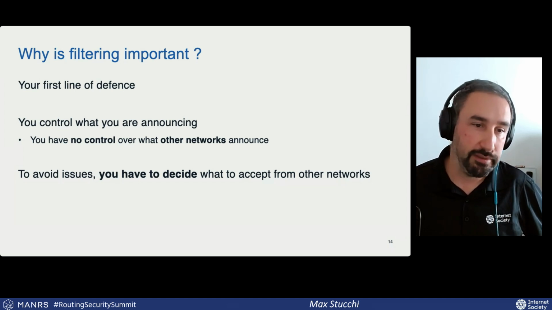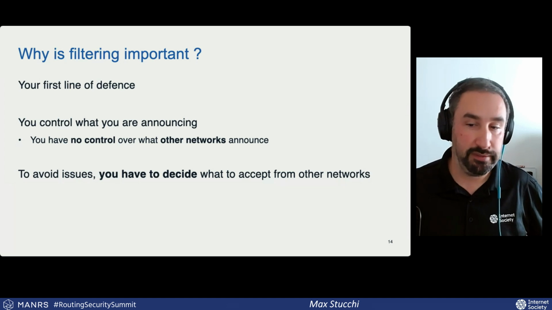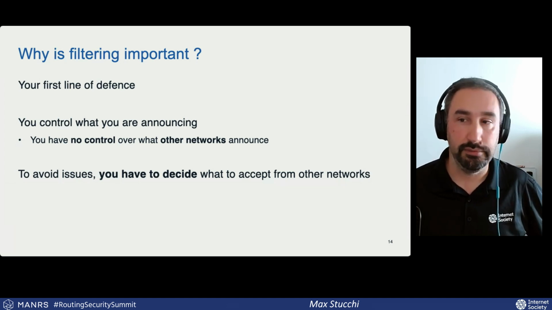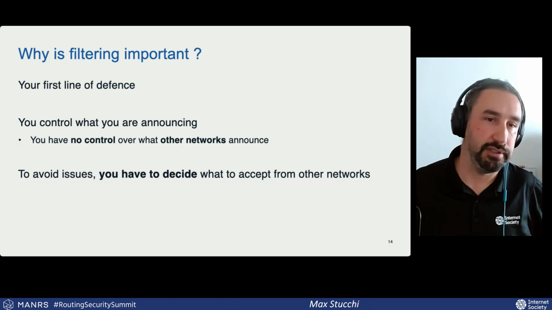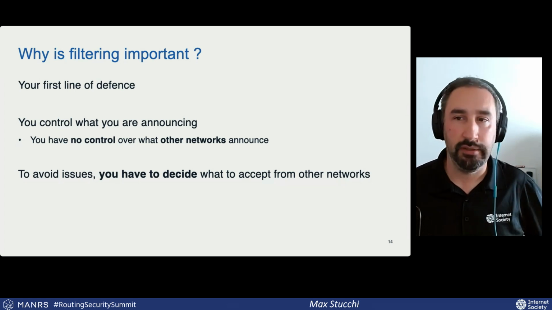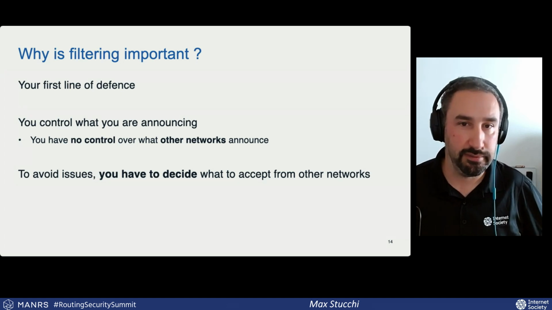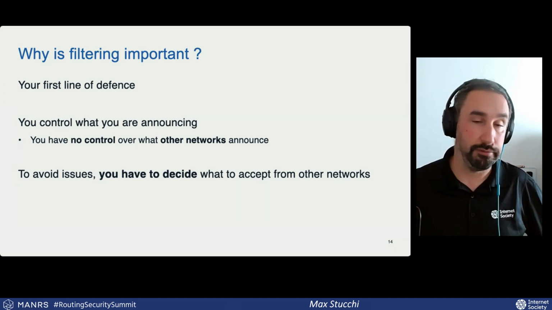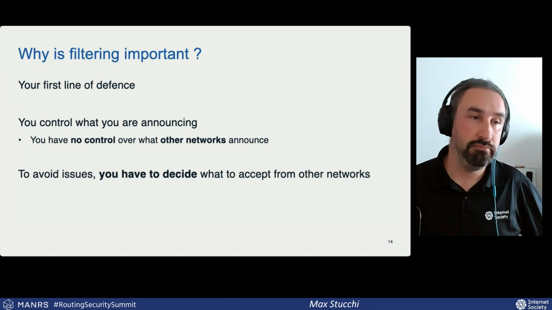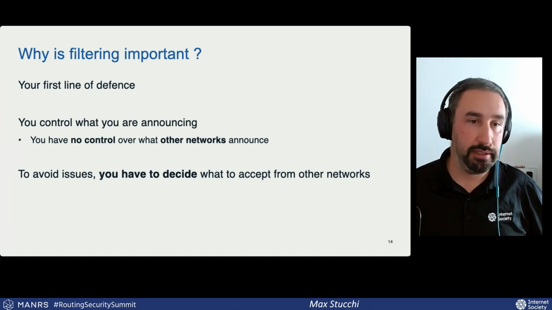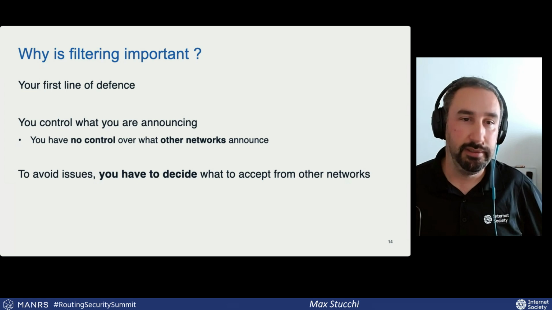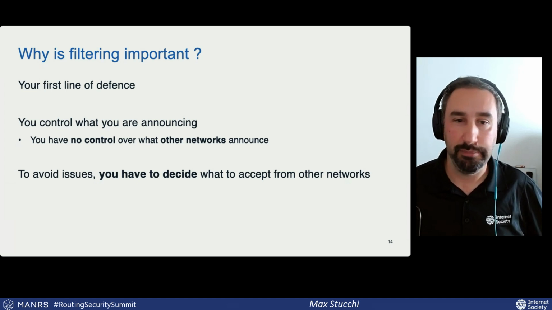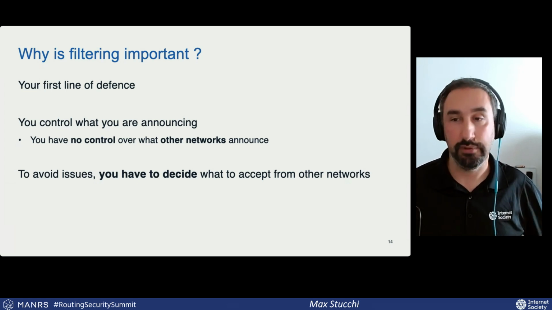And so if that network is not supposed to be there, and you decided to not accept it because there is no data proving that that network should be announced by a certain ASN, or there is no data that says that that network should be in the routing table at all, then you can just drop the announcement, and no traffic will be able to run between your network and that network.